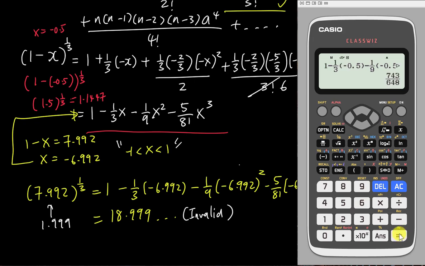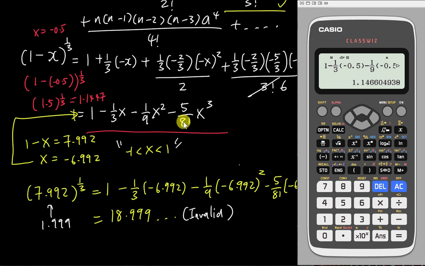I type enter, and you realize I get an extremely close answer, 1.147. It is slightly different because I only go up to x to the power of 3. If I go up to x to the power of 6, I can get an extremely close answer. Therefore I know this expansion is valid.